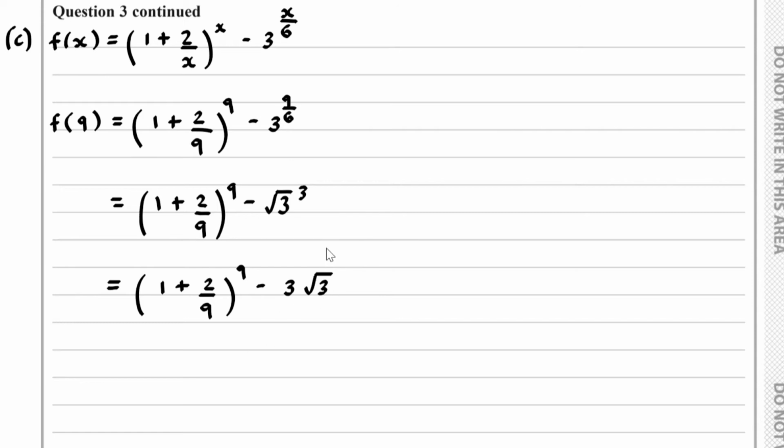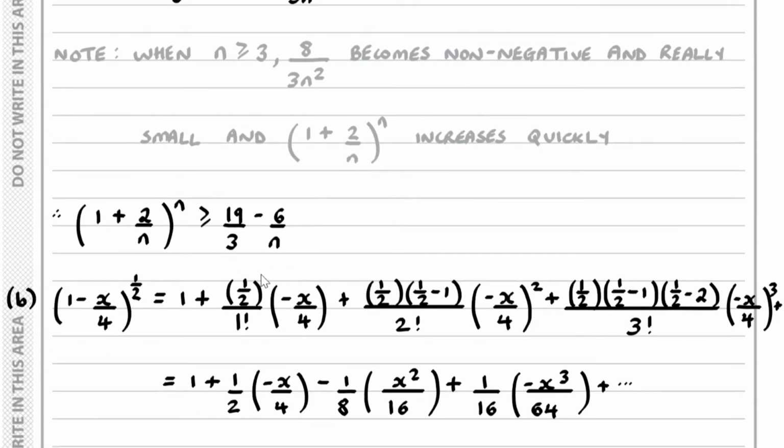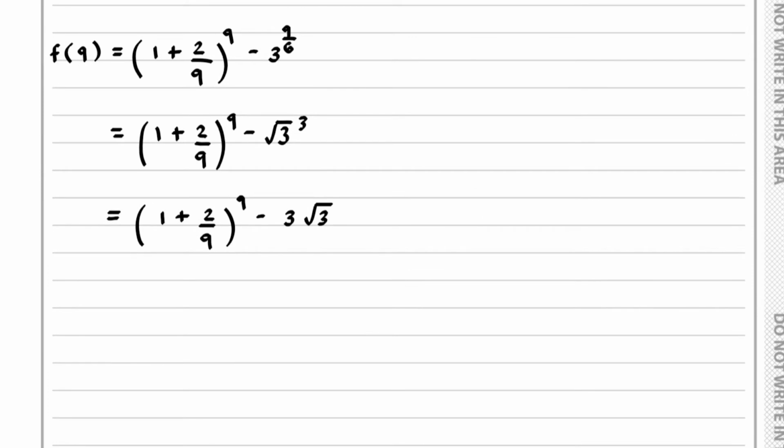Now, what we want to do in this question is use a change in sign method. So, if we use our answer to what we found earlier, over here, we already know that 1 plus 2 over n to the n is greater than 19 over 3, subtract 6 over n. So, let's write that down.